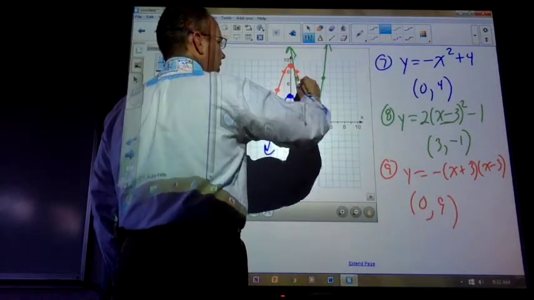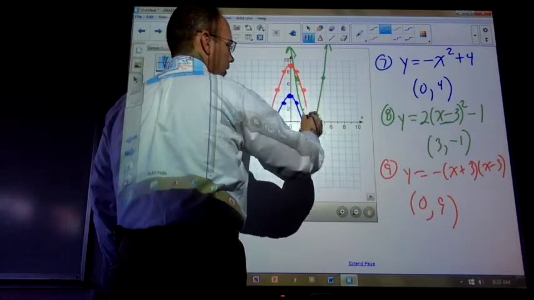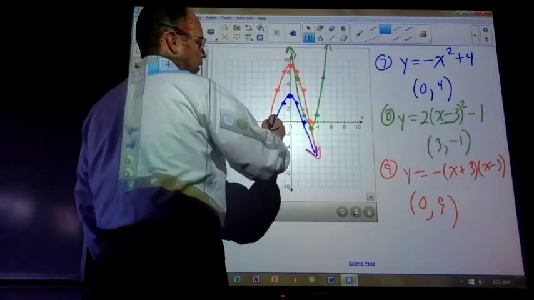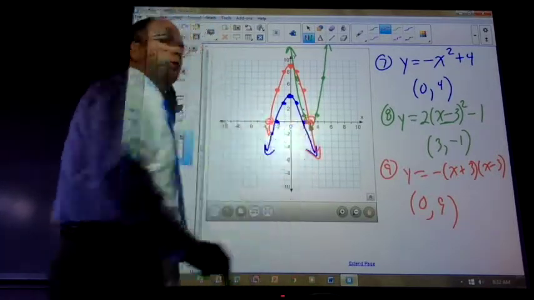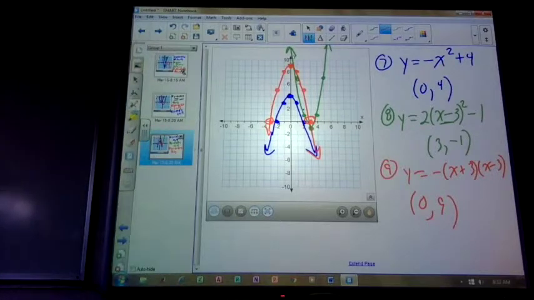I was just showing that those existed. I happen to work on this one, the factored form, where it crosses the x-axis. So my axis of symmetry, x equals 0. My vertex, 0, 9. Where does it cross the y-axis? 0, 9 as well.